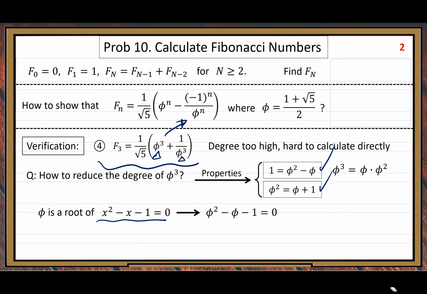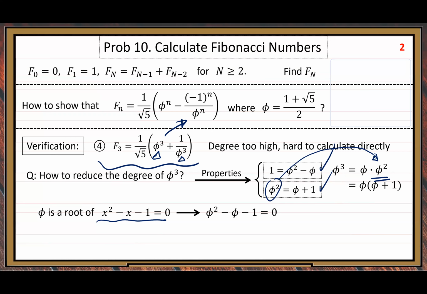Now you have the phi squared term. The second property tells us phi squared equals 1 plus phi, or phi plus 1. So you just replace phi squared by phi plus 1.